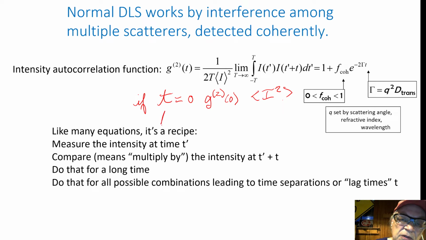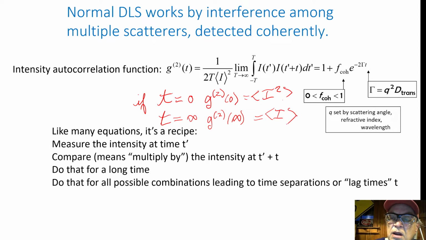And if t is infinite, this turns out to be I average, squared, because if the lag time is infinite, then there's really no relationship between the intensity at some previous time.